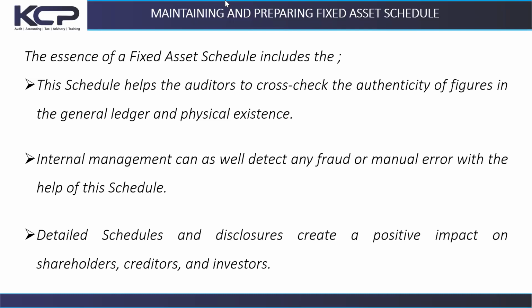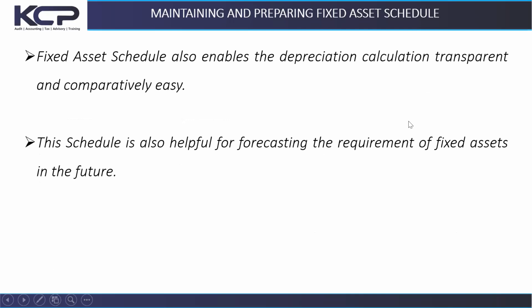Then detailed schedule and disclosures create a positive impact on the shareholders, the creditors, and the investors. That is when you are making some investment ratios, right? Then the fixed asset schedule also makes the depreciation calculation transparent and comparatively easy.